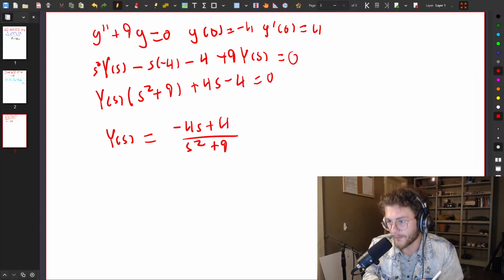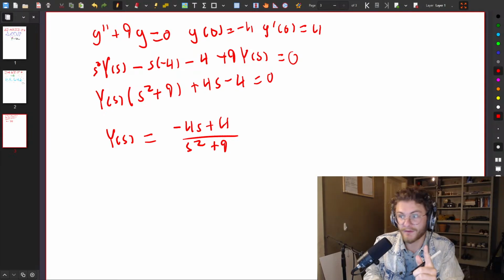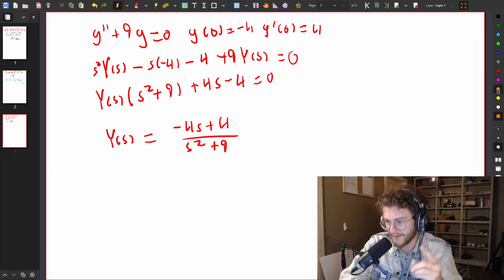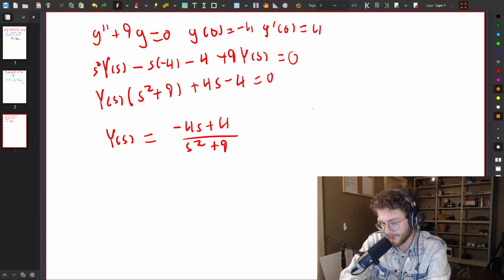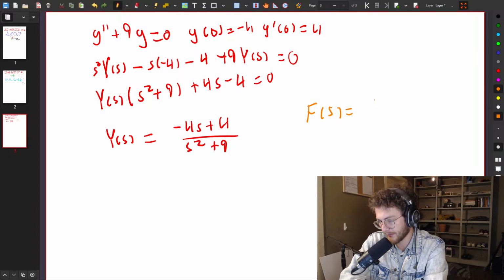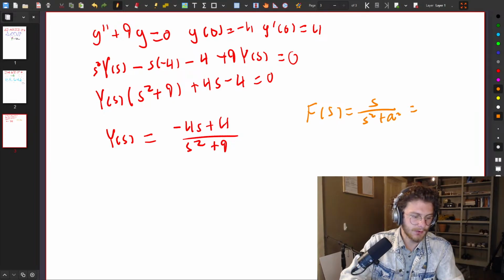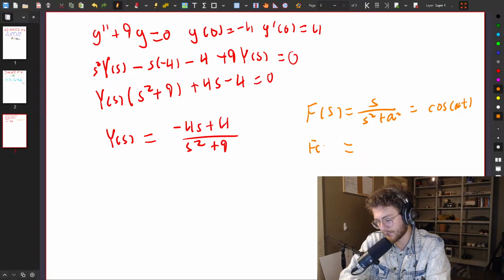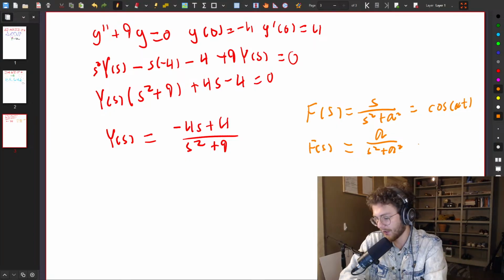Where we know that if f of s equals s over s squared plus a squared, the answer is cosine of at. And if instead f of s equals a over s squared plus a squared, where a is a constant, it's going to be sine of a times t.